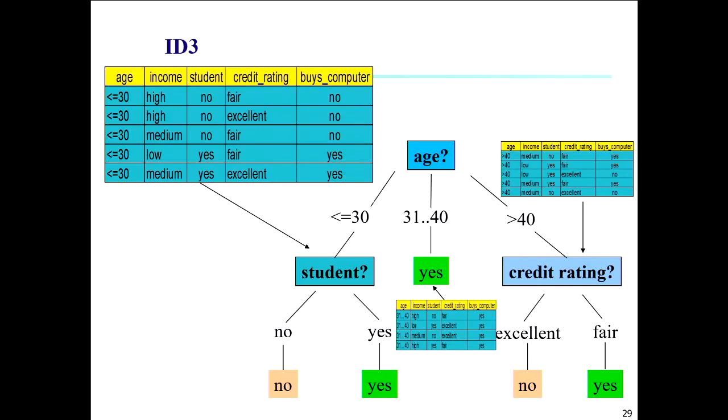For ID3, as I have already mentioned before, after we split on attribute A, let's say, you will never split on attribute A again in the subtrees, because there's no need to do such things.